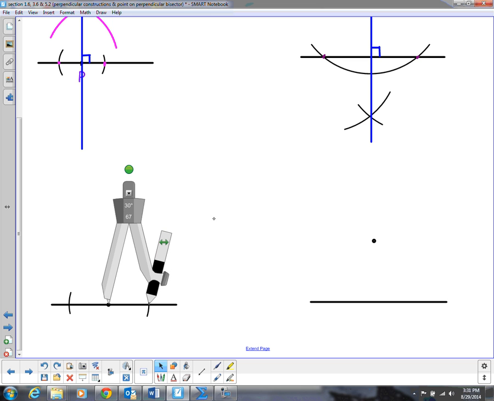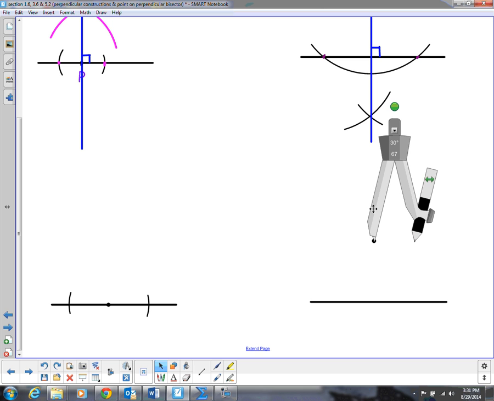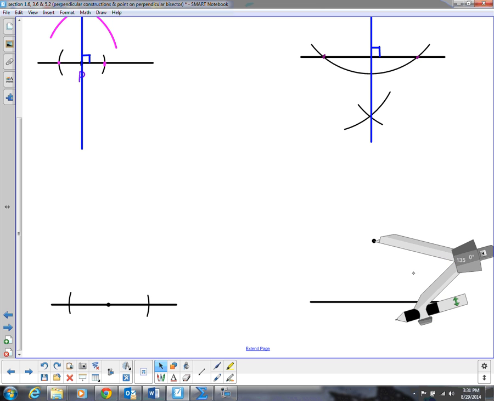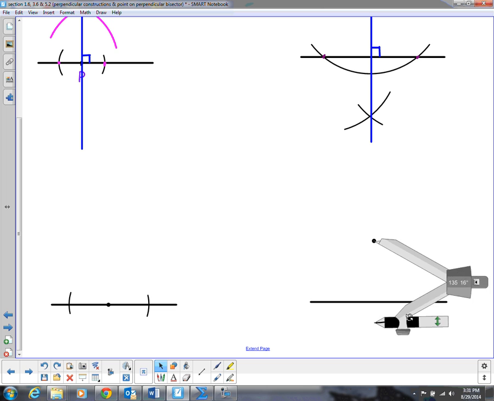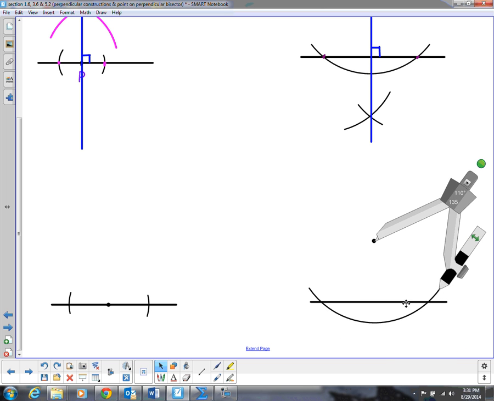When I'm doing it not on the line, notice I start with my compass point on the point, just like I started with the compass point there. But now I have to make sure that my pencil point is below the line. So once I get it below the line, I want to intersect this segment with an arc so it intersects it 2 times.